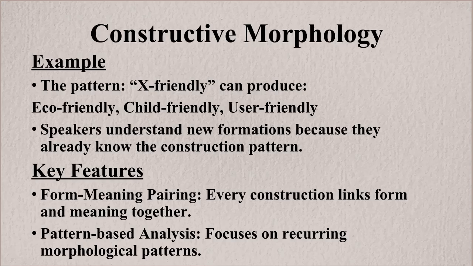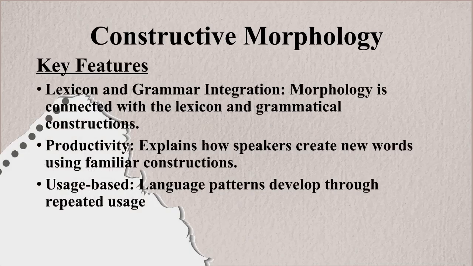In construction morphology, each construction combines a specific form with a specific meaning, so both meaning and form cannot be separated from each other. This approach focuses on identifying repeated and systematic patterns in word formation, like the example above, rather than treating words as isolated units. Another feature is that it highlights that morphology is not separate from vocabulary or grammar, but works together with the mental lexicon and grammatical structures in language.